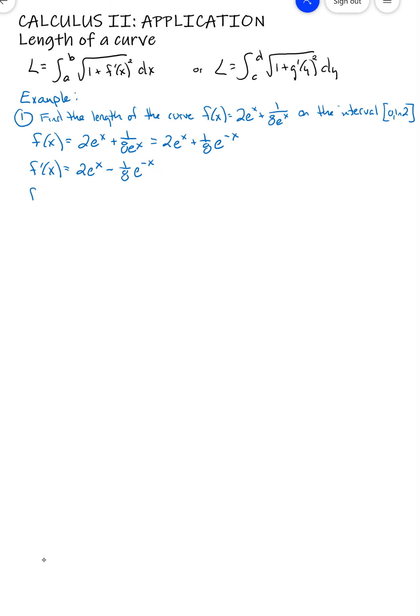Next thing we want to do is square this. So that's going to be 2e to the x minus 1/8 e to the negative x quantity squared. Now you might need to take your time with this. If you need to write this out twice and multiply, that is fine. Again, take your time with this.